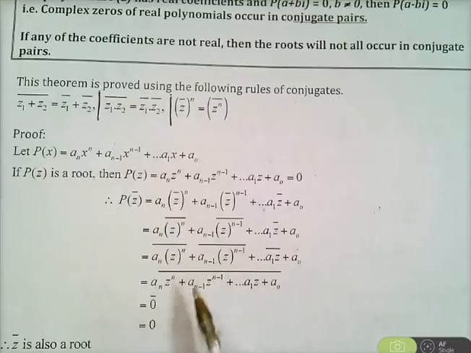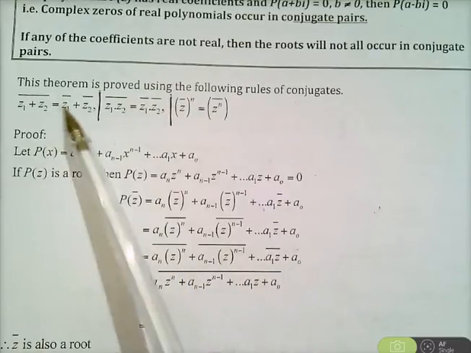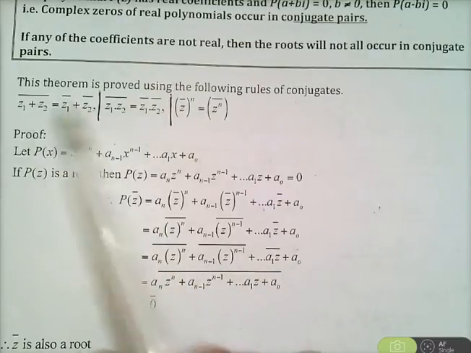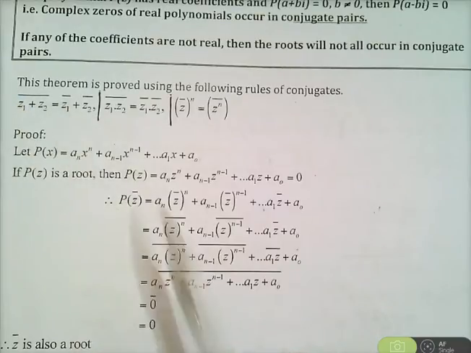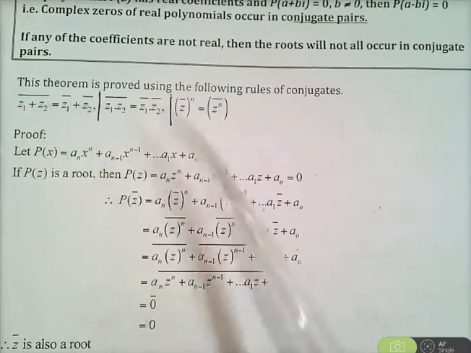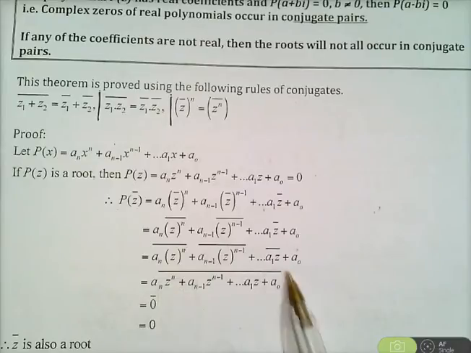And then we know that if you add individual conjugates here, it's the same as the conjugate of the addition of all of them, so that's using that rule up here. So this is the conjugate of all of that.